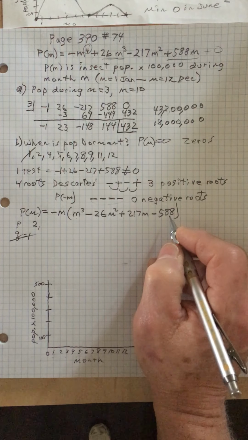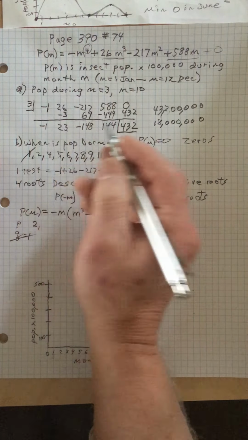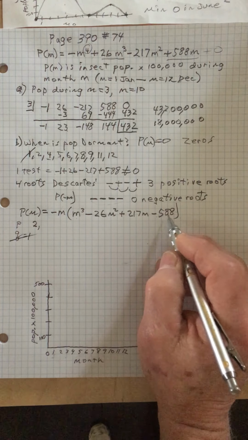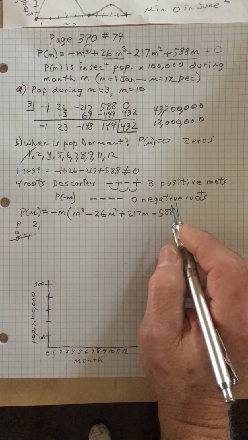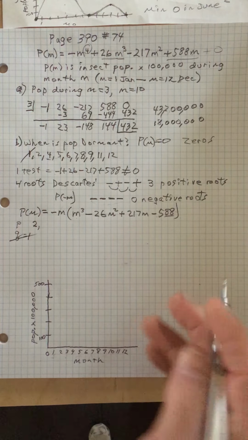So we don't even need to consider 3. So let's look at 4. 4 goes in here because there's a rule. You can either just use your calculator and see if 4 goes in here evenly, but the divisibility rule for 4 is if the last 2 digits are divisible by 4, the whole thing is. So I know 4 is good, so we'll have to try it.